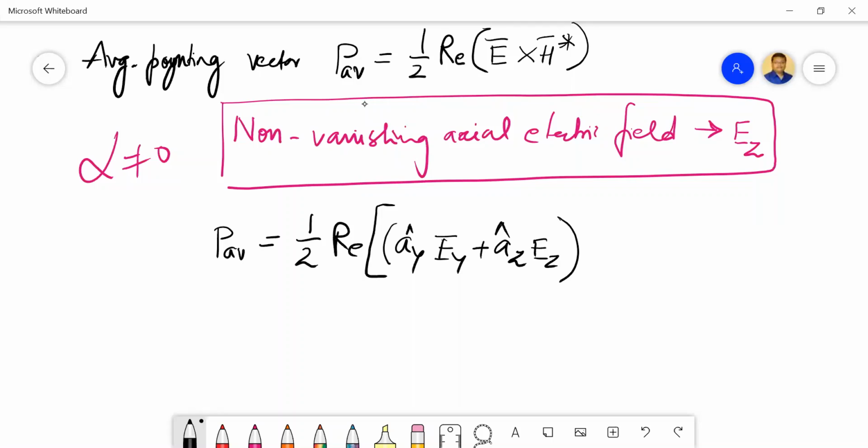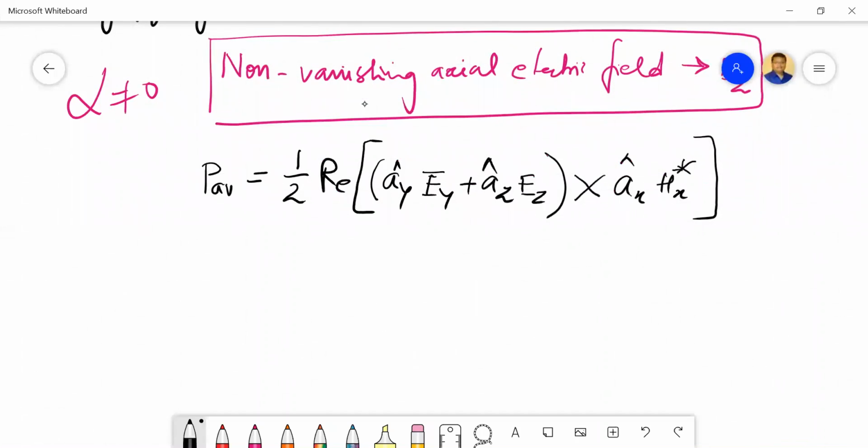This EY we started with, if you remember, because we took the Y polarized wave, and then we fixed our magnetic field and it was HX. So now the H component will be AX cap HX star. Now we are supposed to solve these things.